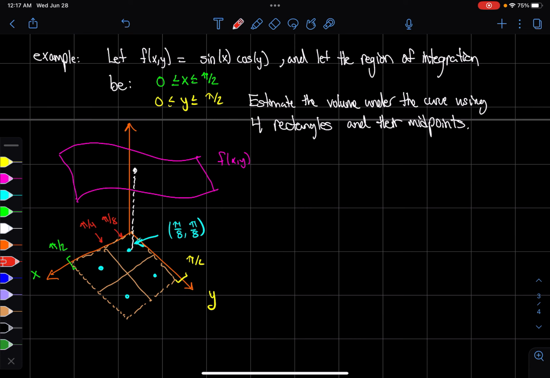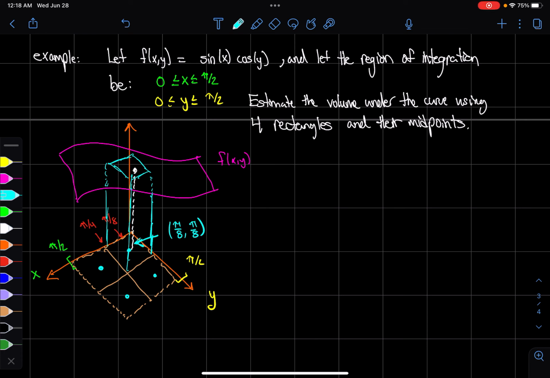direction. And so very, very roughly, my sketch of this rectangular prism that I'm building, whose height is based exactly on the z value that is located at the center of this little square, the center of this piece.